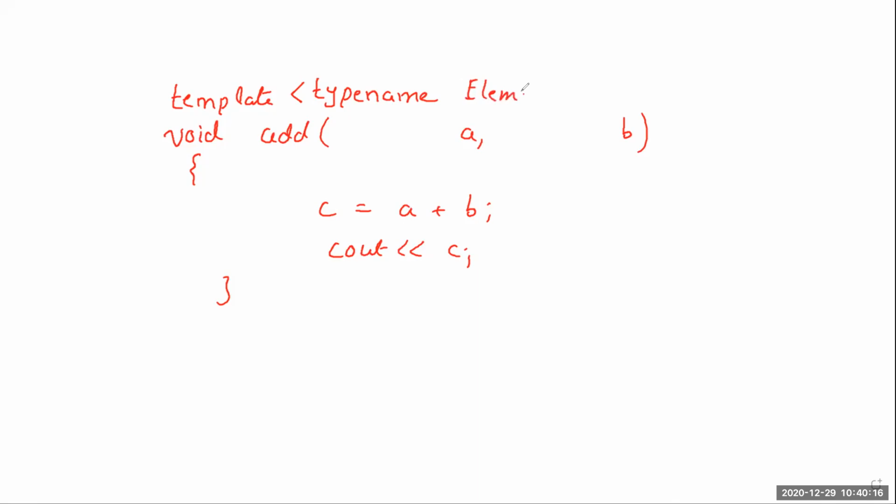But please remember, this element is not a keyword. Whatever I left blank, here you will write the identifier that you have chosen. So instead of calling it integer or character or float or double, we are calling it element.